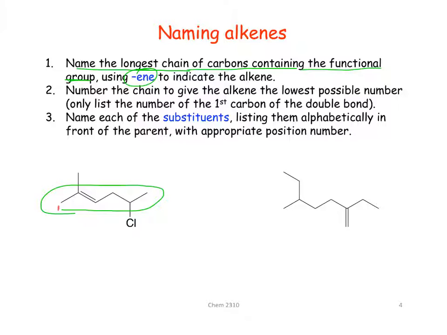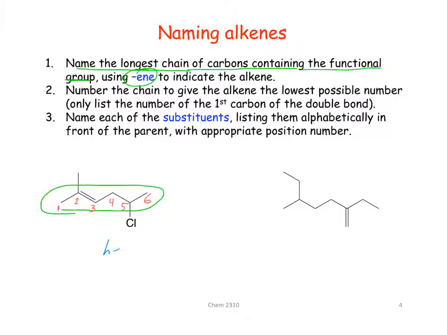Okay, so we're going to number from here. So in this case, the alkene is between positions 2 and 3. All right, and we're going to put a number out in front of the alkene name to indicate the first carbon of the alkene. So this is 6, right?